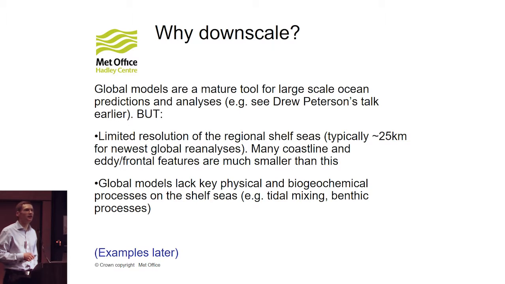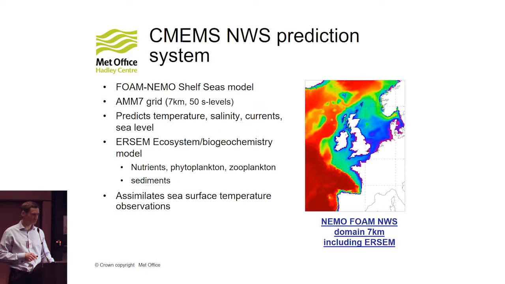That can be because they haven't been viewed as a priority in global models, they're very expensive in global models, or because of other aspects of the way global models are formulated, whether that's the vertical levels or other aspects of the models, which make it difficult to put those in. Increasingly those things are changing, as we've heard in various talks this week, but as a generalization, I think those two statements are true. And there are a few examples as I go through relating to those things.